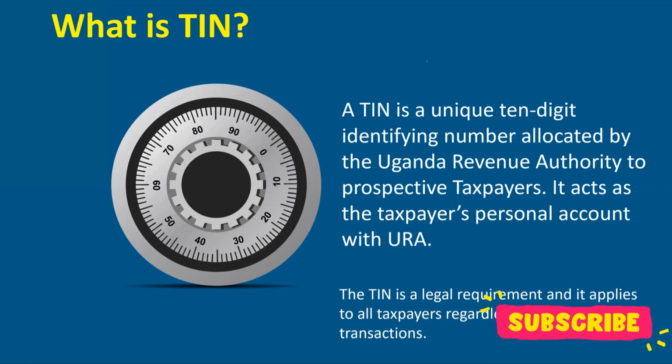It is, again, a legal requirement, and it applies to all taxpayers regardless of their tax transactions. So this is important to you as a tax agent because there's no way you're going to help a client when they are not registered for tax. So work on someone, but ensure that they have that 10-digit identifying number, that TIN.